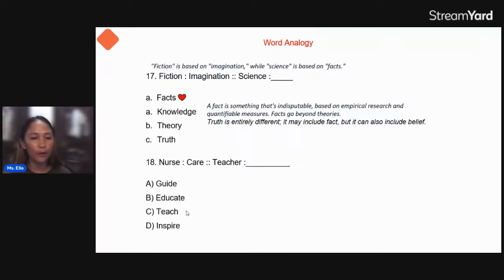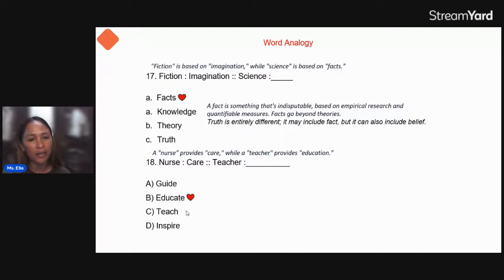Okay, the correct answer for number 18 is letter B, educate. Why educate? A nurse provides care. Now, what does a teacher provide? A teacher provides education, not just guiding, not just teaching or not just inspiring, but it goes through the general, which is to educate.